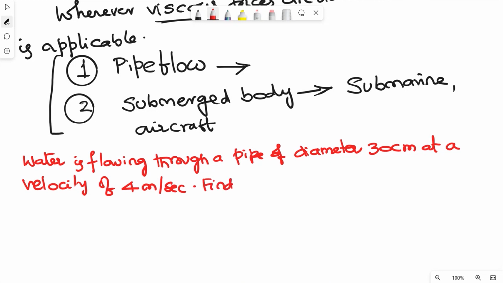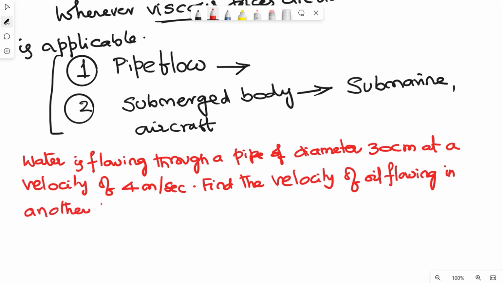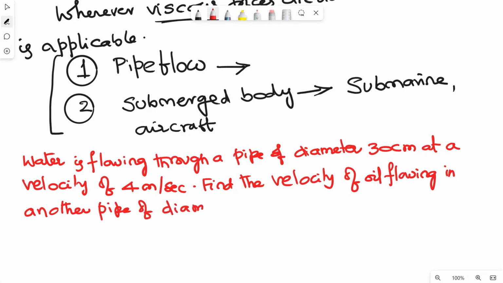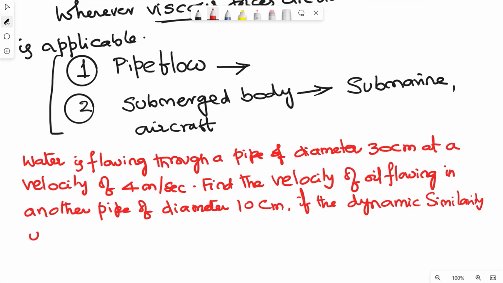Find the velocity of oil flowing in another pipe of diameter 10 centimeters, if the dynamic similarity is satisfied between the two pipes.